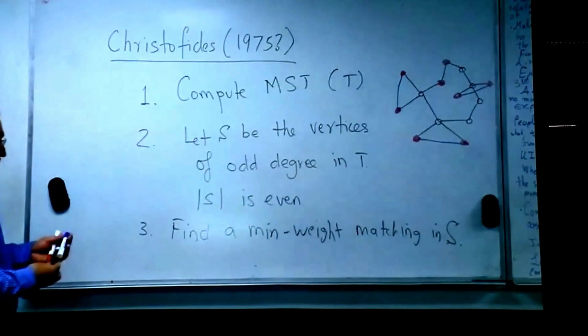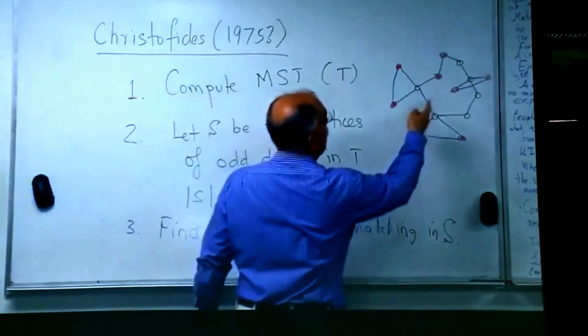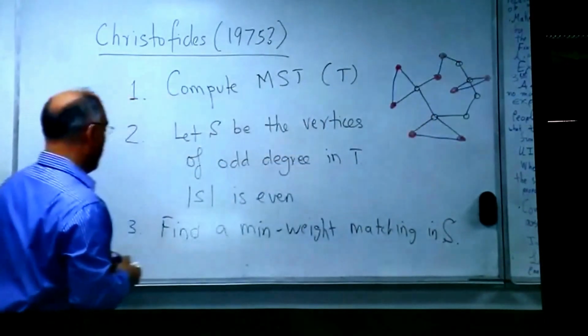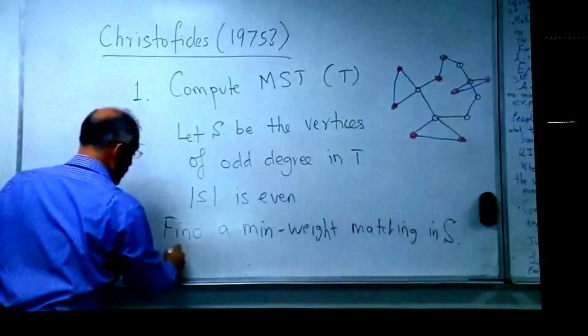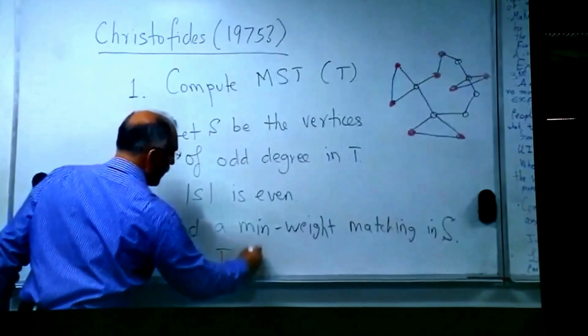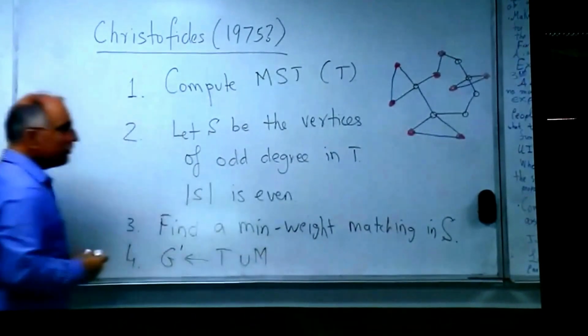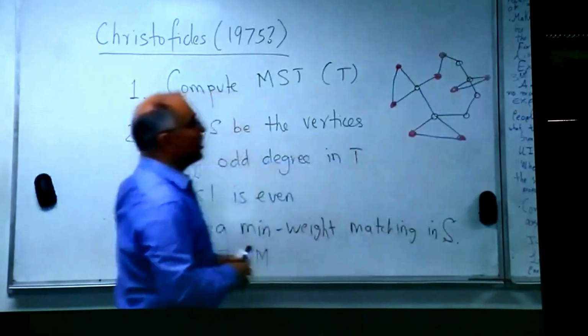Now, in the next step of the algorithm, we are going to think about the graph formed by taking the union of the spanning tree and the matching. So step 4 says G prime is the graph formed by taking the union of the spanning tree and the matching. Now, what is the key property for this graph G prime?